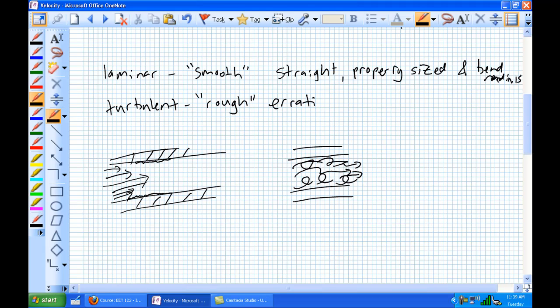It's erratic, non-layered, in contrast to laminar, which is layered. Now think about the word laminar, laminate, layered, whereas turbulent is non-layered. Churning, that's a good word. This is characteristic of, let's talk about bend radius. In an ideal world, you've got enough hose and clearance to make this nice, smooth transition.